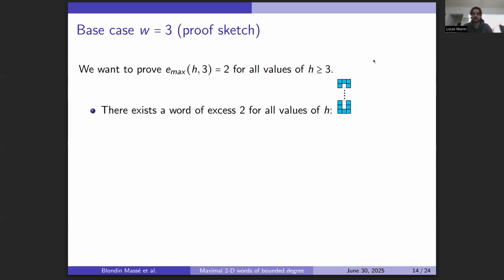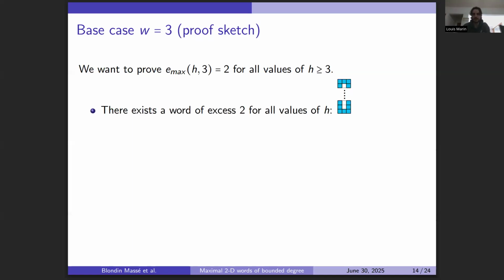This will give us a long cycle, which will be twofold. None of those cells will be of degree more than 2, and it would be of excess 2, because every middle row is of excess 0, and the top and the bottom row will be of excess 1. So this is how you obtain a full word for W equals 3.